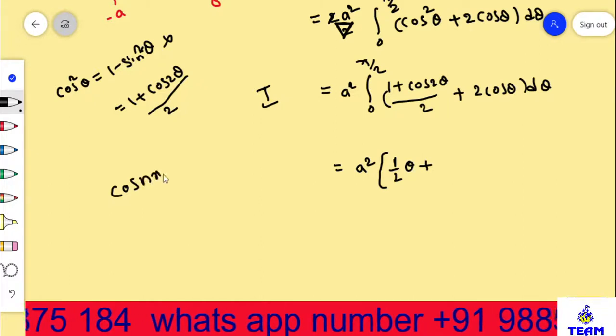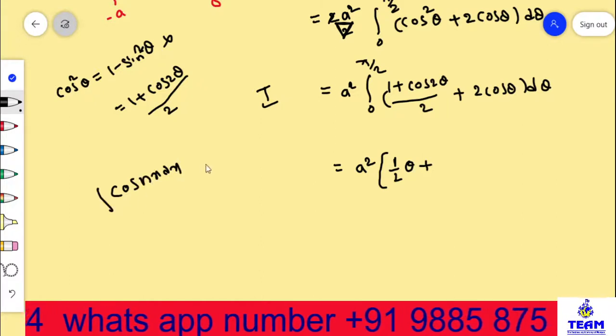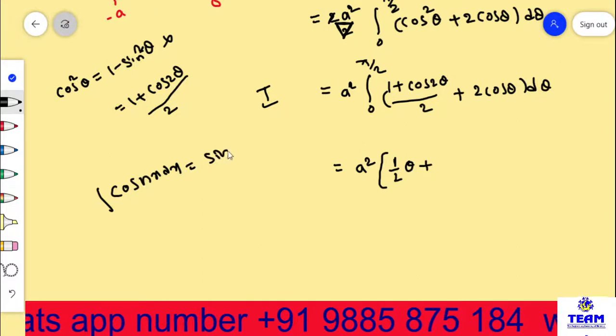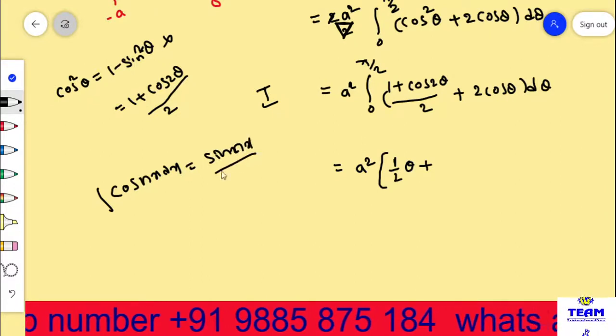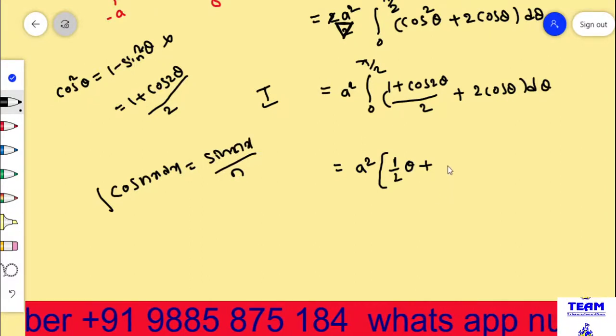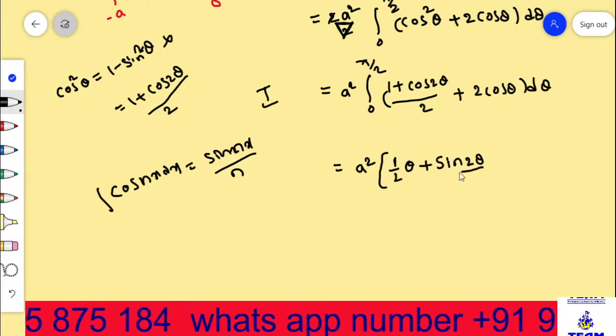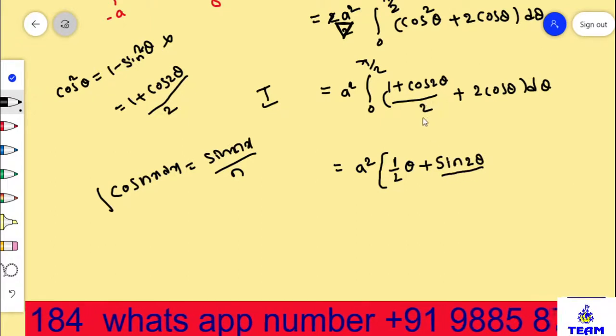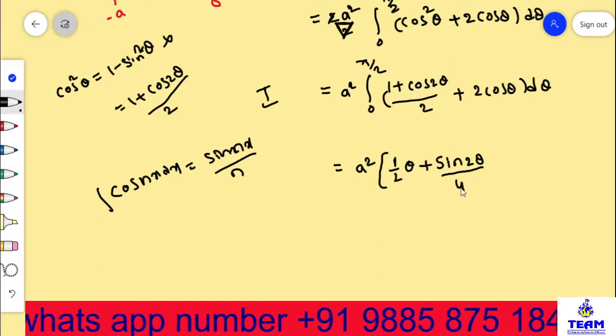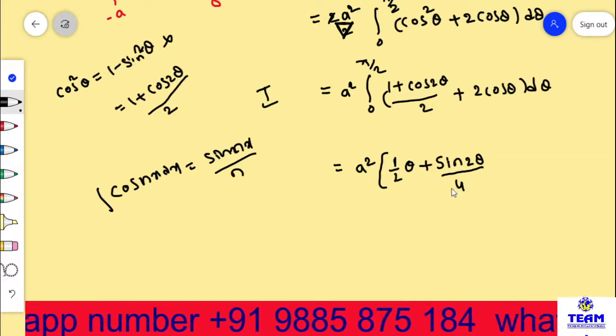Cos nx dx formula I am explaining: cos nx dx is sin nx by n. So this is sin 2 theta by 2. Already you have a 2 in the denominator, so 2 times 2 is 4. Is it clear for everyone?